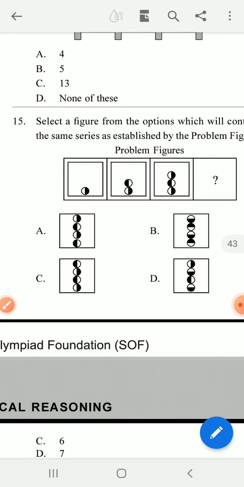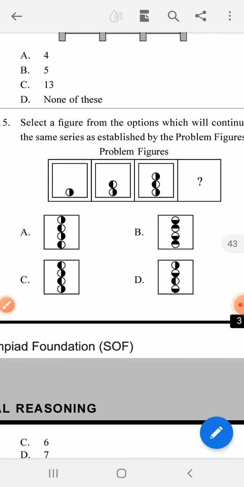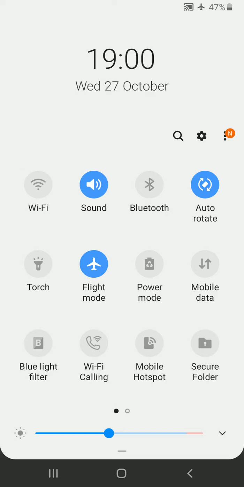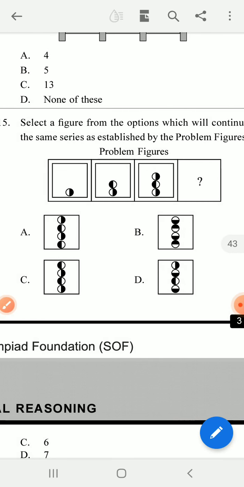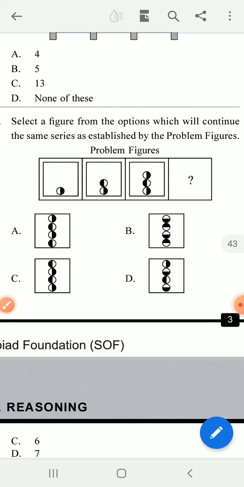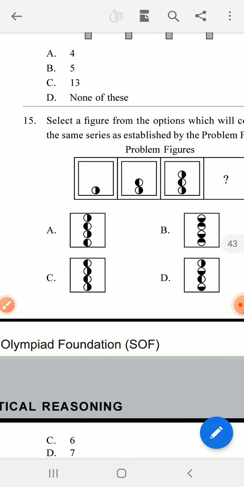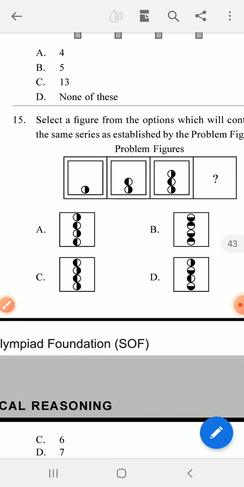Next one, select the figure from the options which will continue the same series as established by the problem figure. So what figure comes? The answer is 15. 15C is the answer. Because after 1 there is 2, and after 2 there is 3, and after 3 there is 4. So 15C is the answer.